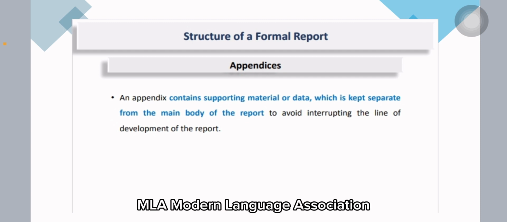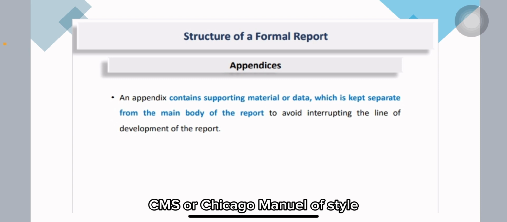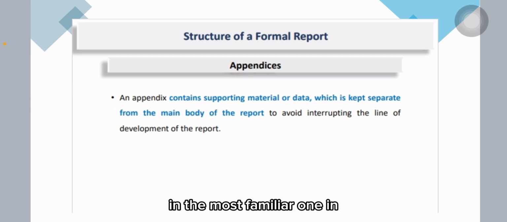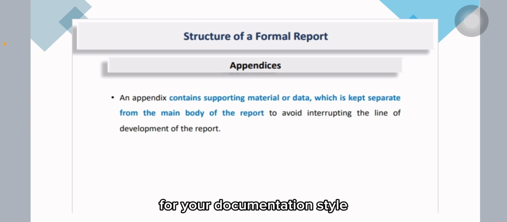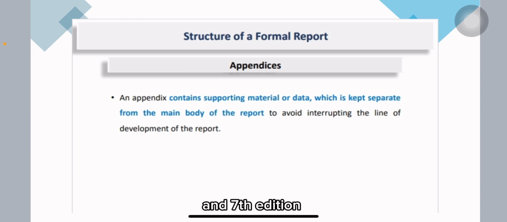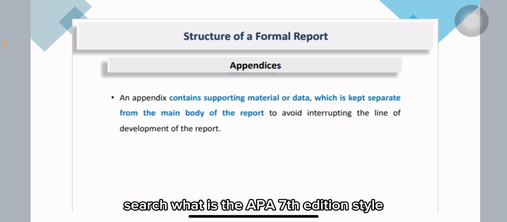MLA, Modern Language Association, CMS, or Chicago Manual of Style. And the most familiar one, and we will use APA, or American Psychological Association, for your documentation style. And 7th edition, search what is this APA 7th edition style.